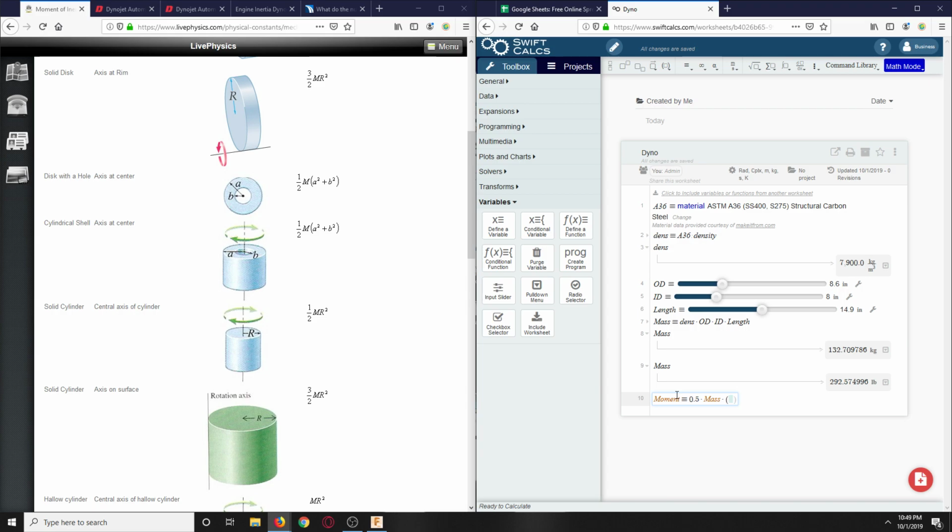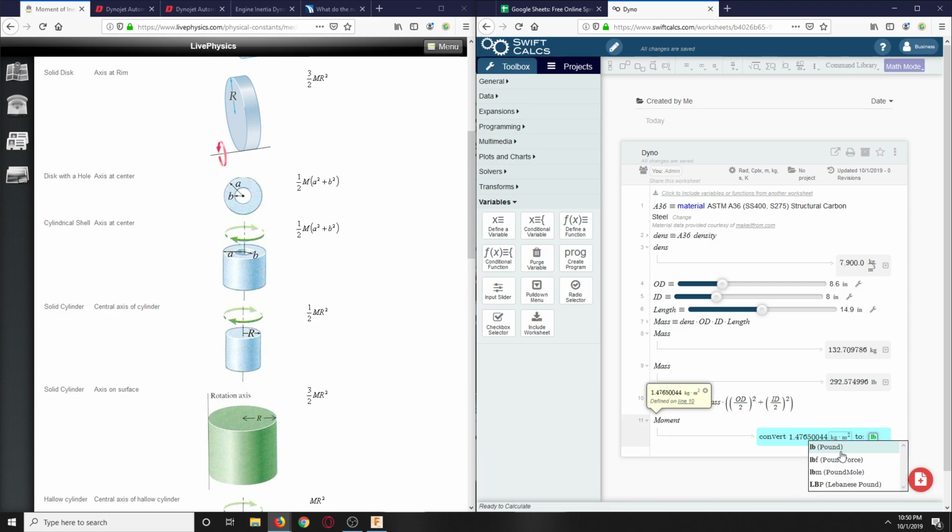So basically we have to take the OD and divide it by 2, and then squared, plus ID over 2 squared. If this is in kilograms, we want it in inch pound times inch squared, inch pounds. Okay, so that is our inch pounds, 5,000 inch pounds.